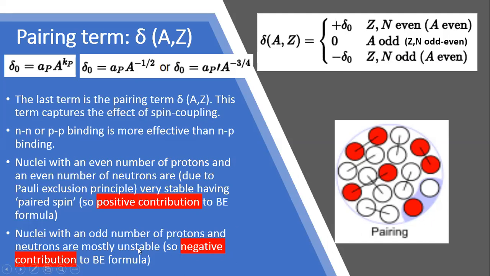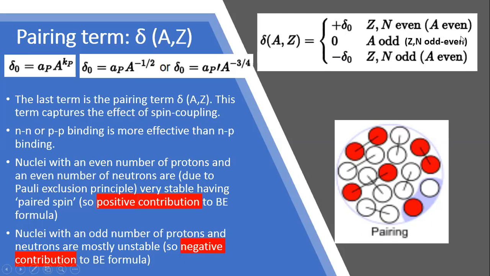And why is it minus? Because nuclei with odd numbers of protons and neutrons are mostly unstable. Because they are unstable, they have a minus contribution to the binding energy formula, or semi-empirical equation.